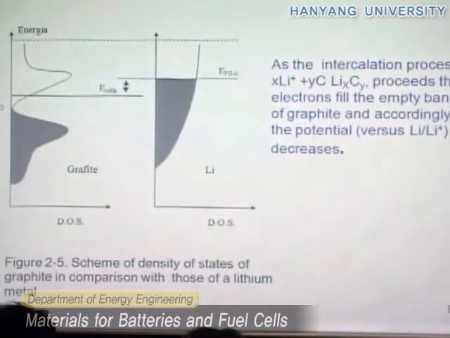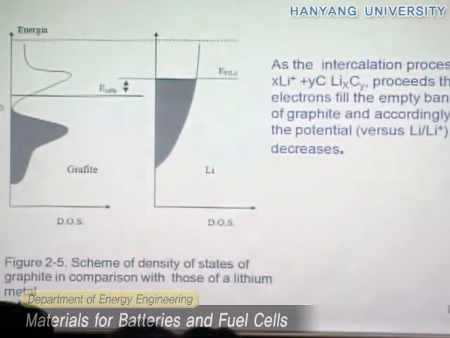So what will happen? You see that the Fermi level of graphite is here, and the difference between the Fermi level of lithium and graphite gives you the voltage. So the distance is not very high. So this explains why the voltage is only 50 millivolts.